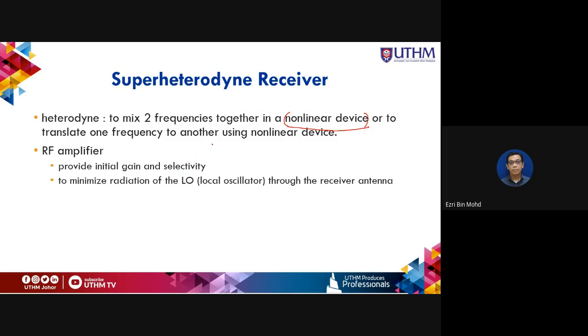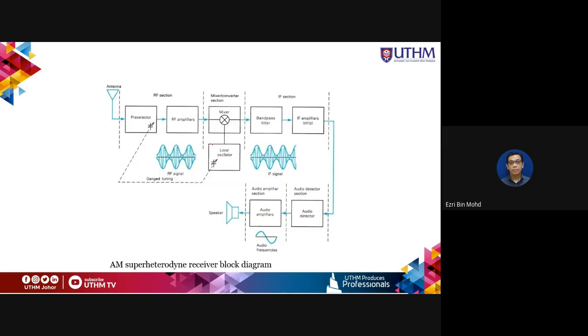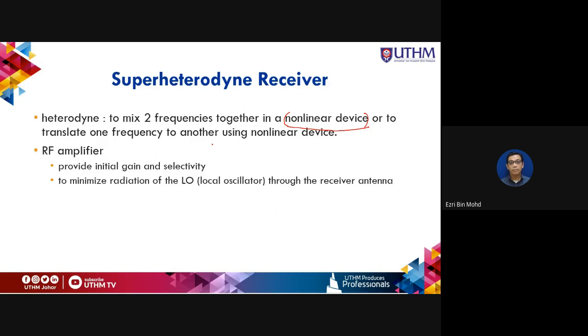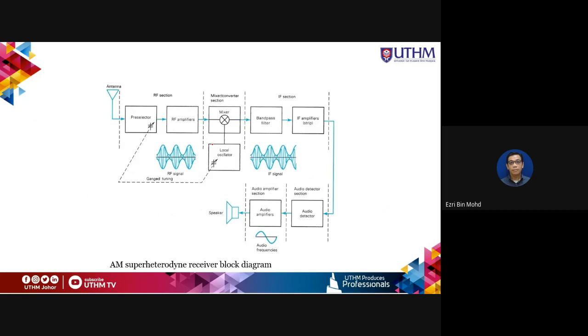We have the RF section, the mixer and converter section, the intermediate frequency section, the audio detector section and the audio amplifier section. The RF amplifier provides initial gain and selectivity, and minimizes radiation of the local oscillator through the receiver antenna.